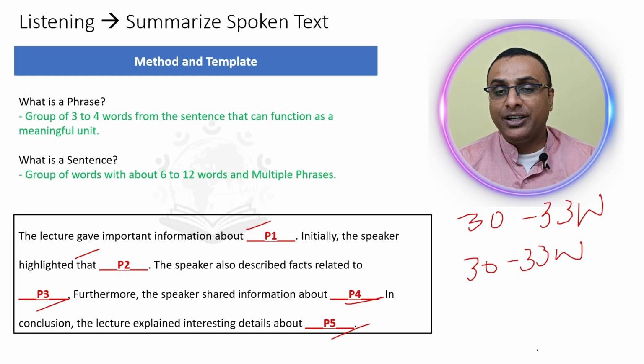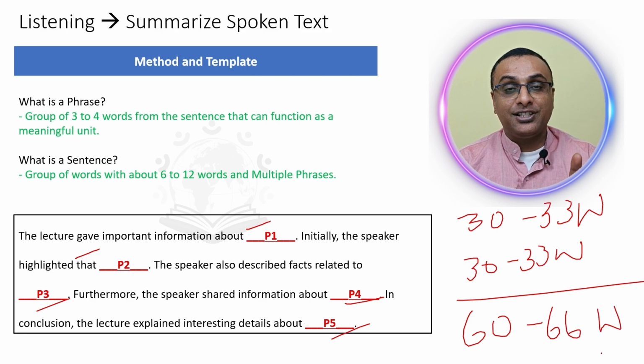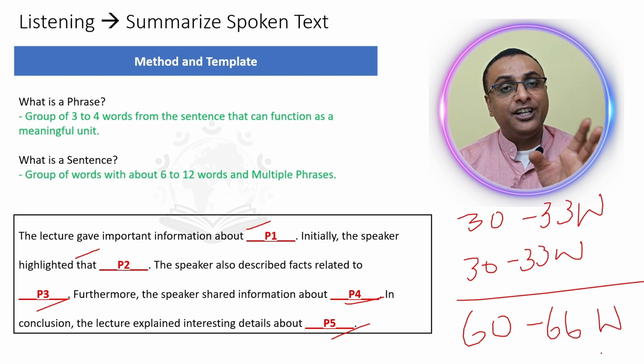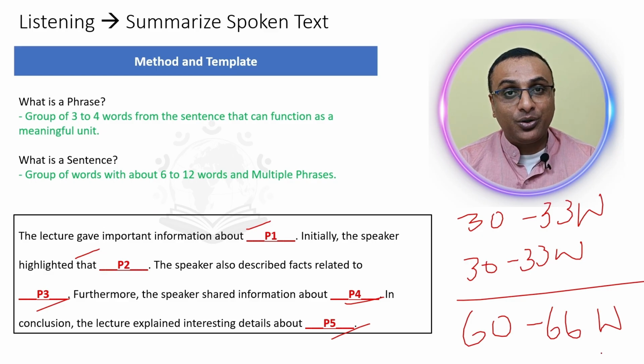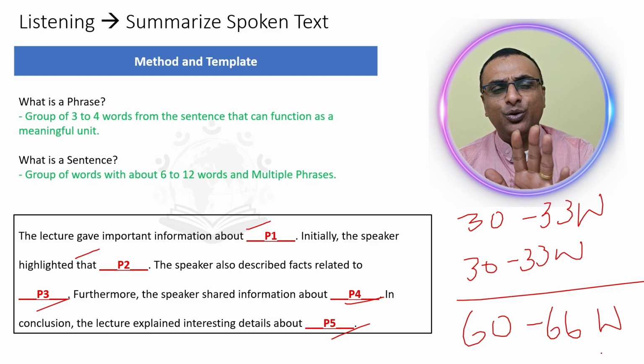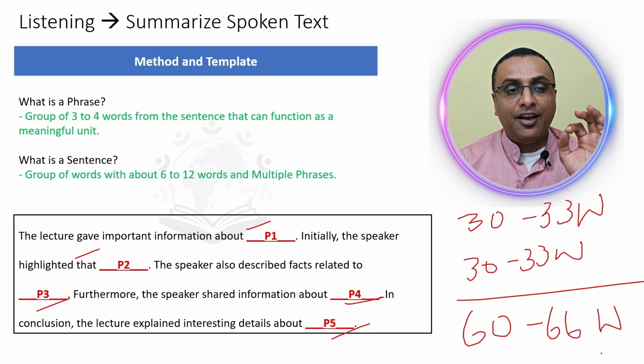So make sure to do it. In total, you will get about 60 to 66 words as a good response. That is in the range of 50 to 70 as prescribed by PTE. But we recommend you to write anywhere between 60 to 65 words. That is more than sufficient as a response. So make sure to memorize this template and fill in your phrases in the respective places.